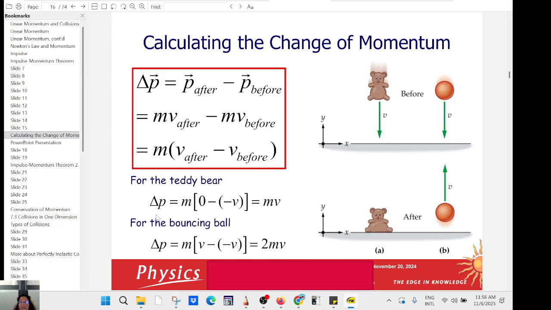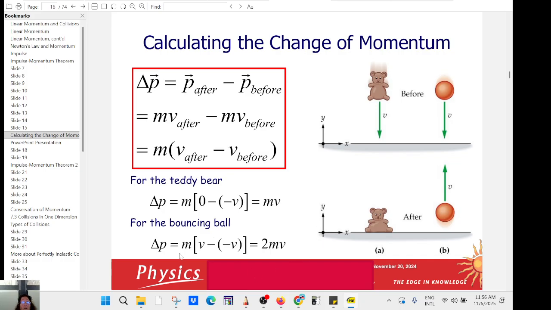So the change in momentum for the teddy bear will be the mass. Let's say they have the same mass. Final speed is 0, minus initial speed is minus v because it's going down. So the change in momentum is mv. But for the bouncing ball, it's going to be worse, right?